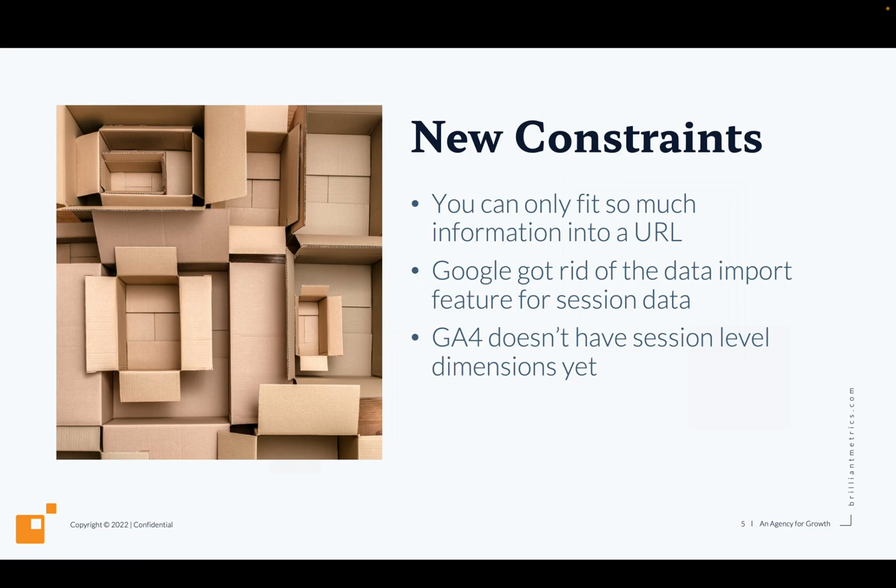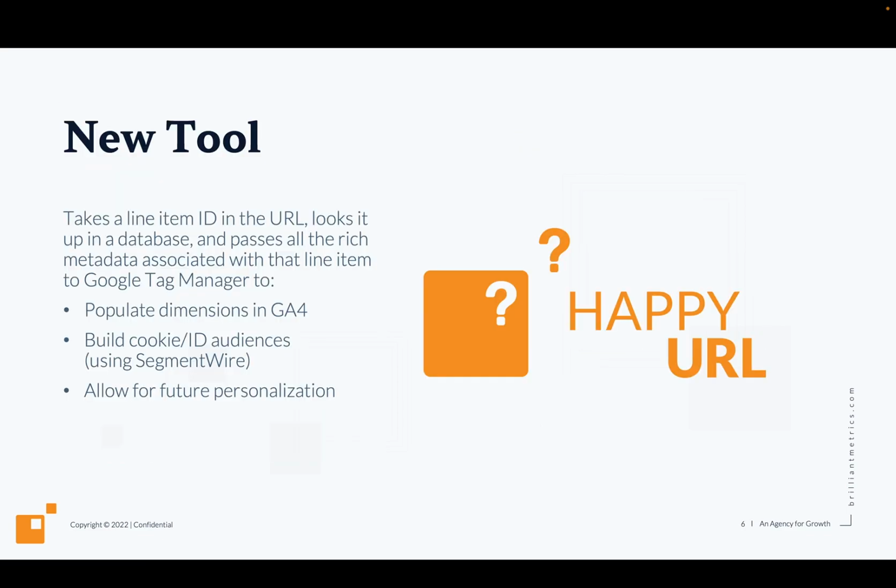Well, we came up with a workaround, and that workaround is a tool called Happy URL. Happy URL currently is a headless tool, meaning there's no UI for you to log into, but we're working on fixing that so you can use Happy URL for your own use as well. But in the short term, it allows us to take a line item ID, and line items are our smallest unit of breakdown when it comes to the media, organic and paid, that we manage on behalf of you.